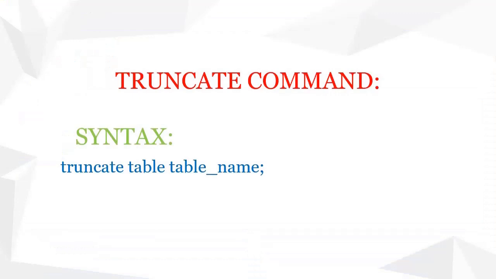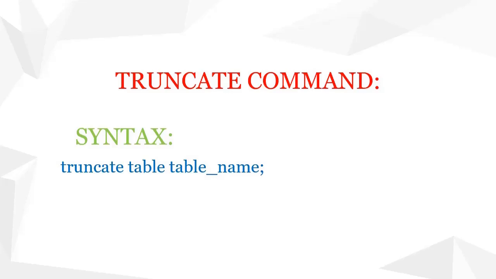After the drop command, we have the truncate command in DDL. The truncate command is used to delete the components of the database object, okay. The only difference between the drop and the truncate command is that the drop command deletes the complete table along with its structure, okay.